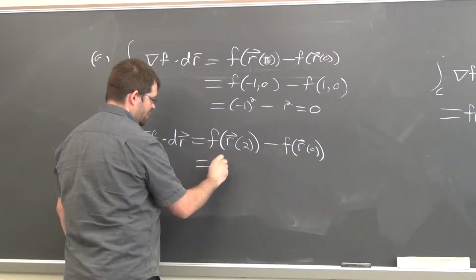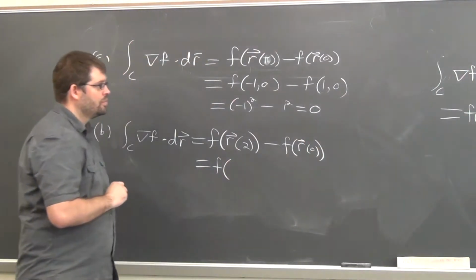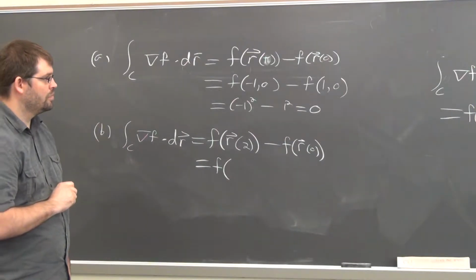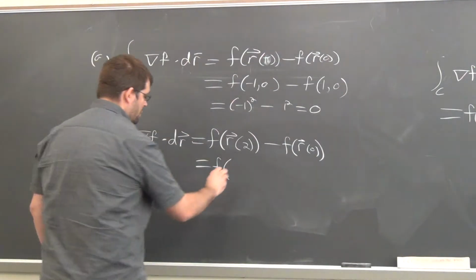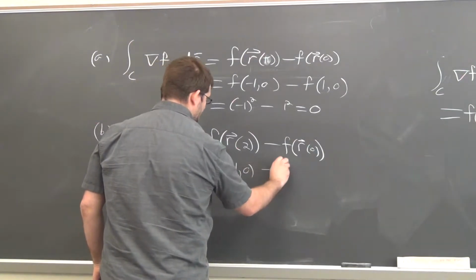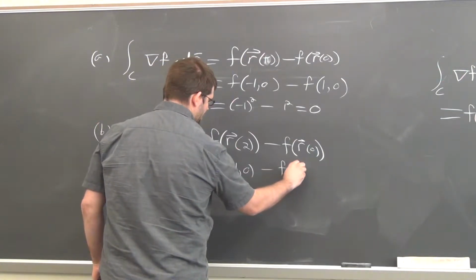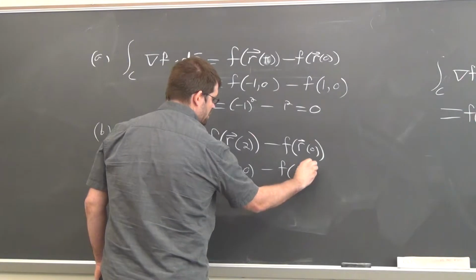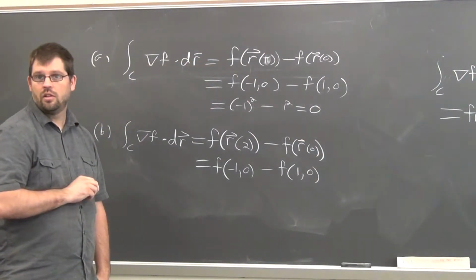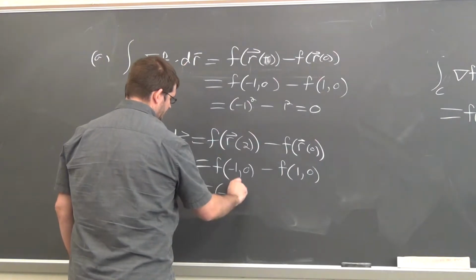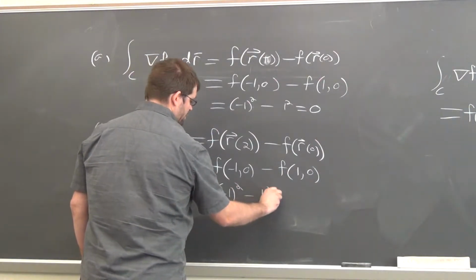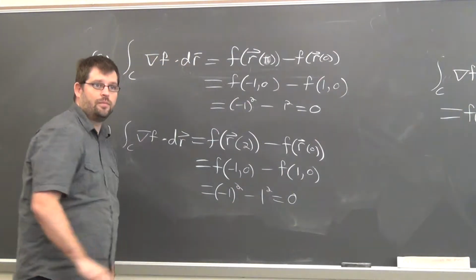So what's r of 2? (-1, 0). And then what's r of 0? (1, 0). So exact same thing. You get 0 as well.